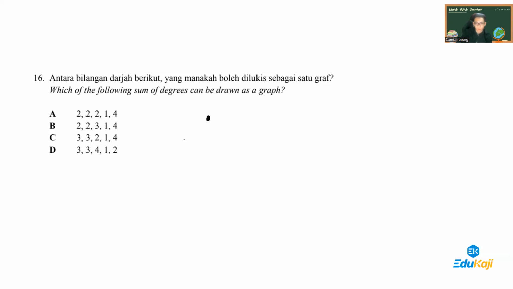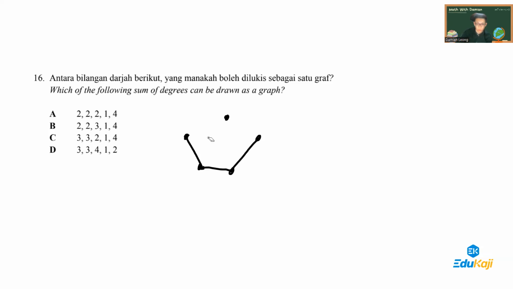No matter what, there are 5 vertices for each of these. So let's see, if I try to draw the first one like this, it will make it 2, 2, and 2.